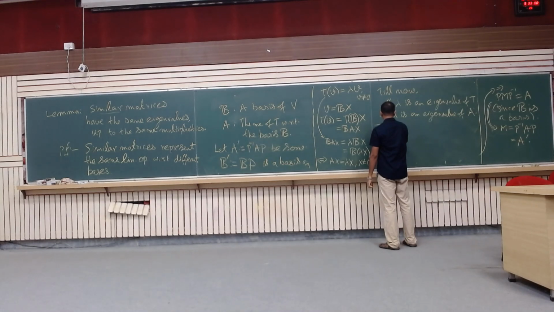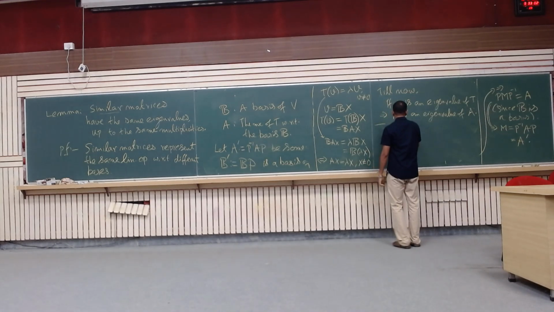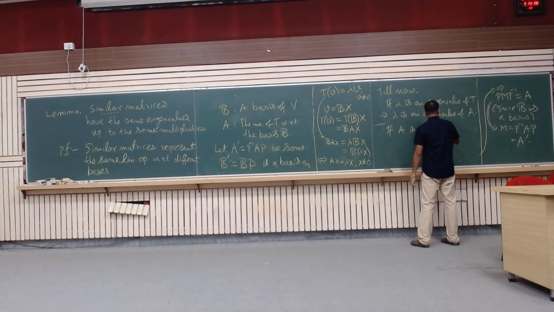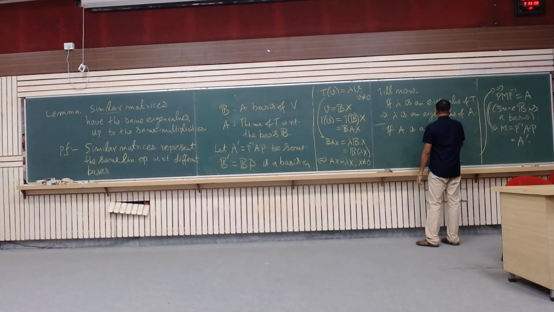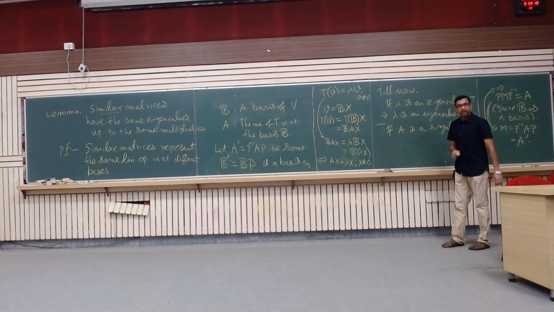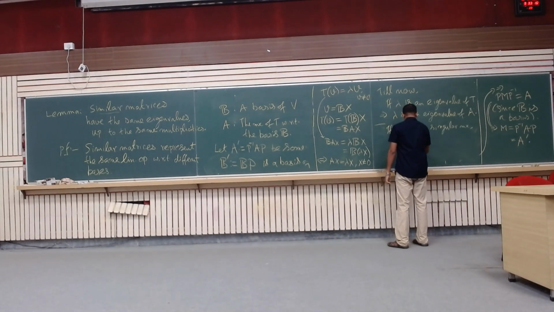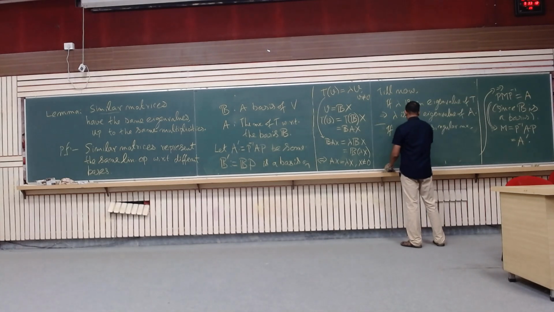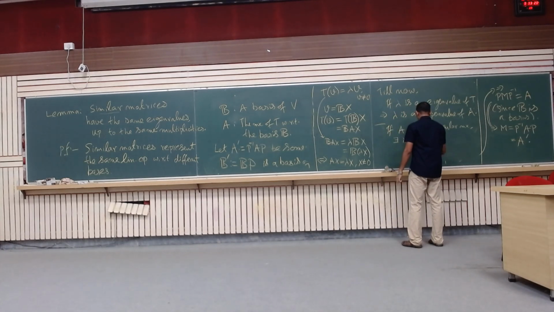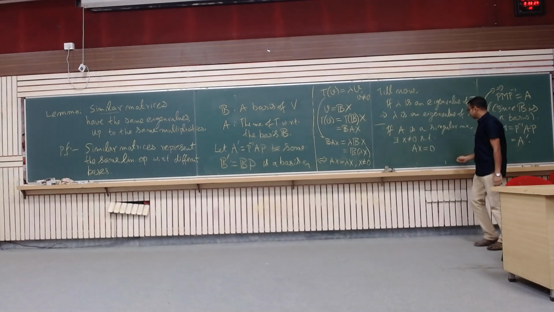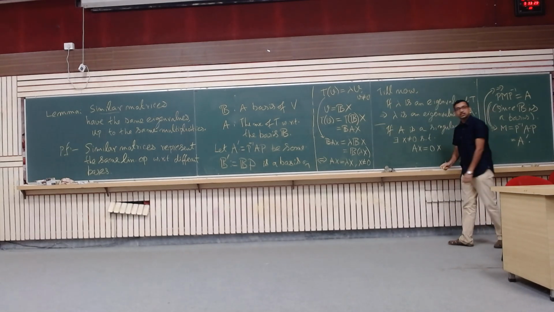So now, if A is a singular matrix, then there exists x not equal to 0 such that Ax is equal to 0, right? And we can also write this as 0 times x.